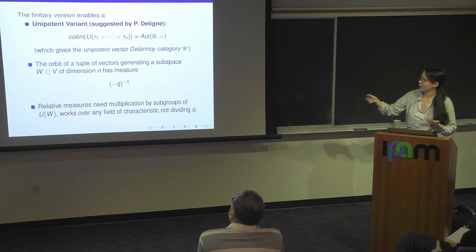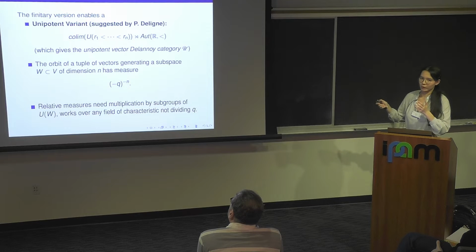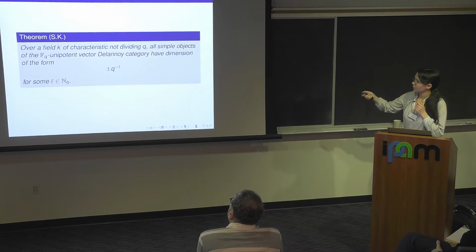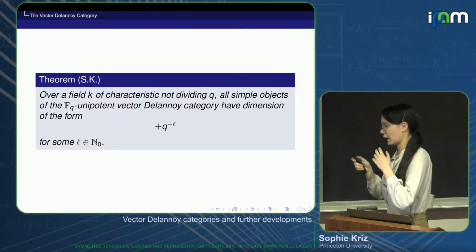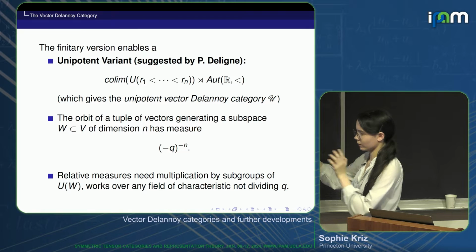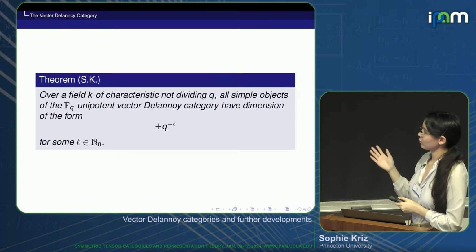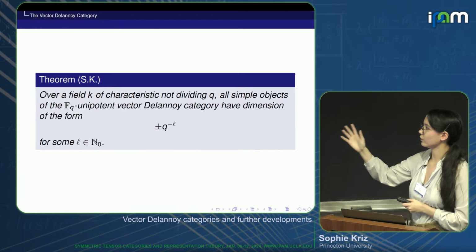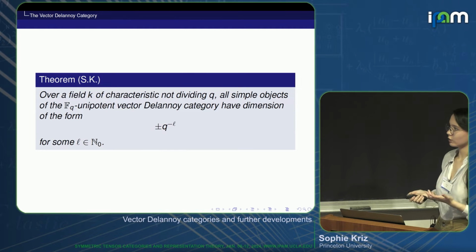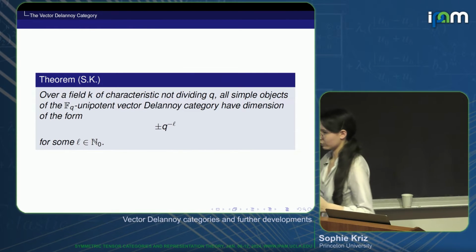But we can see that this is a closer analog of the Delannoy category. And so it will also have growth e to the cn squared for the basic object. And we can actually calculate that, if we restrict again to different primes, so we can't go over the same characteristic as Q. But as long as we stay away from that case, all the simple objects of this unipotent vector Delannoy category will turn out to have a dimension of the form plus or minus Q to the minus L for some L in the natural numbers.